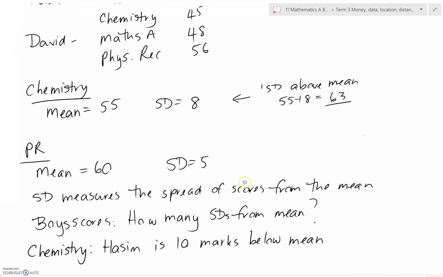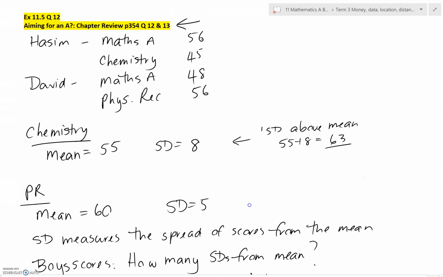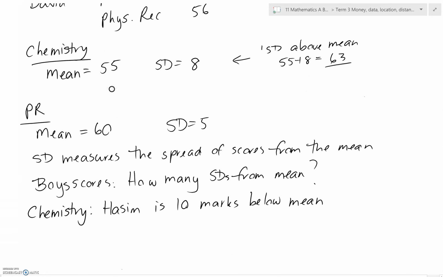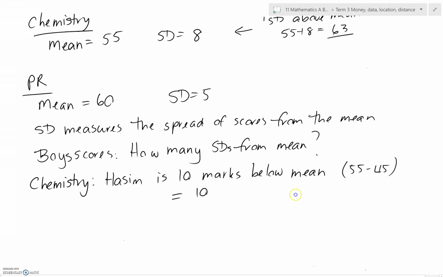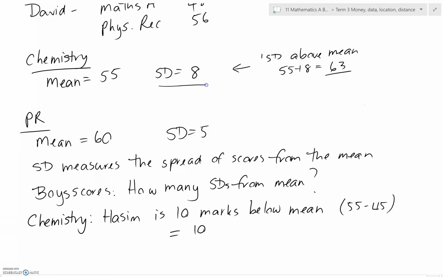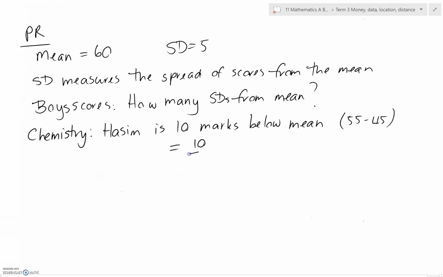So it says up here that Haseem got 45 in Chemistry and the mean for Chemistry is 55. So he is 10 marks below the mean. So we want to know how many standard deviations that is. So the standard deviation for Chemistry is 8. So how many times can we take 8 out of 10 is what we really want to know.